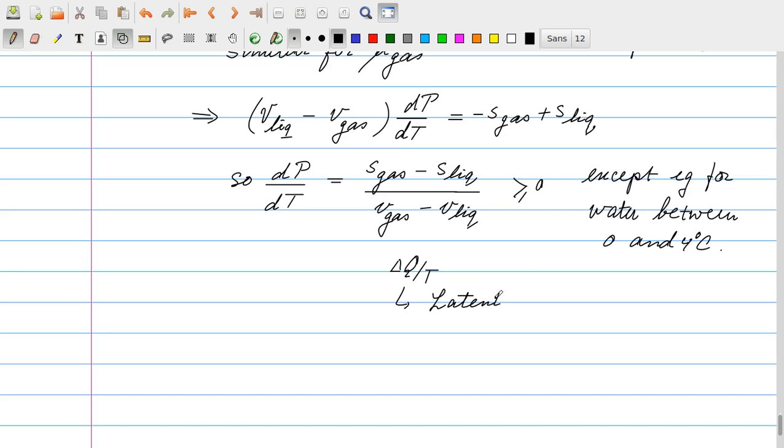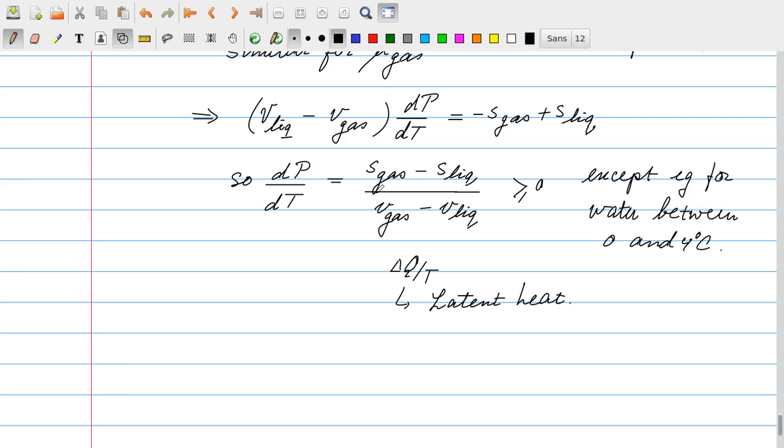What does that mean, the latent heat? So the latent heat is the amount of energy I have to put into a substance in order to bring it from one phase to the other. And now, talking statistical physics, this would mean that in order to go from a liquid to the gas, I have to break all the bonds between the liquid molecules. And those are usually van der Waals bonds.